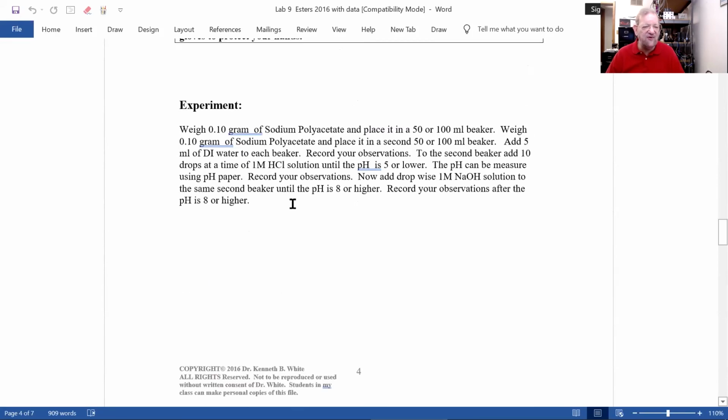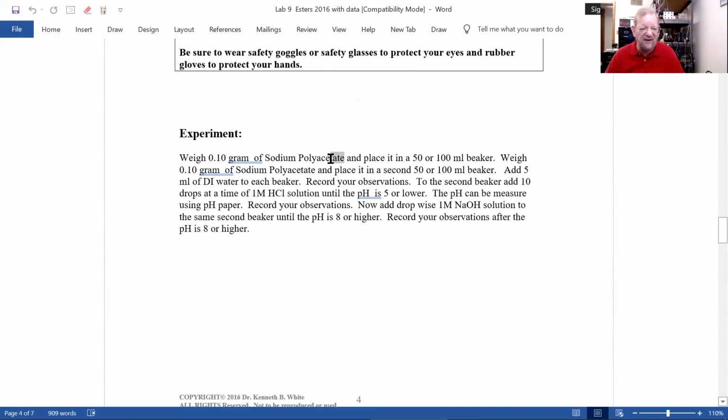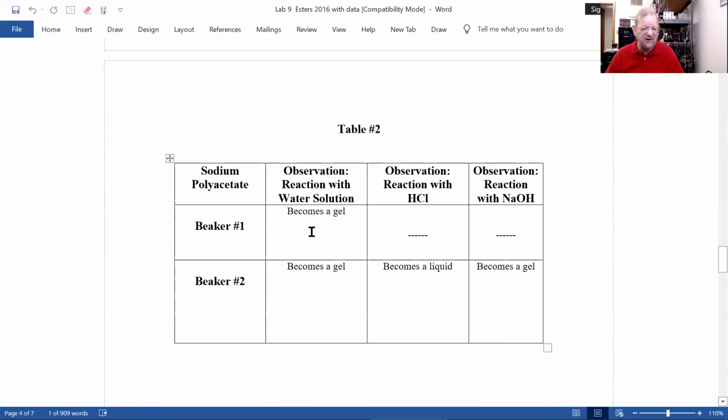Yep, I've just caught a mistake. This should be acrylate. And the other one, you also put in the same amount of the acrylate. And then you put in about 5 milliliters of DI, deionized water, and you take a glass stirring rod and you observe. And if we look here, they both become a gel.